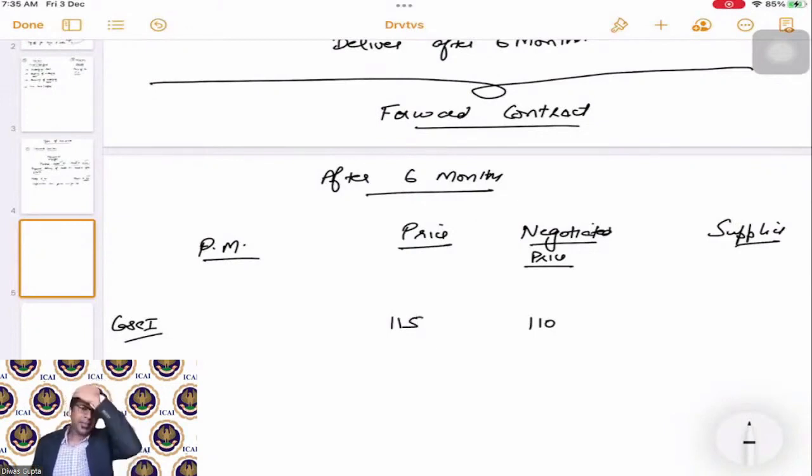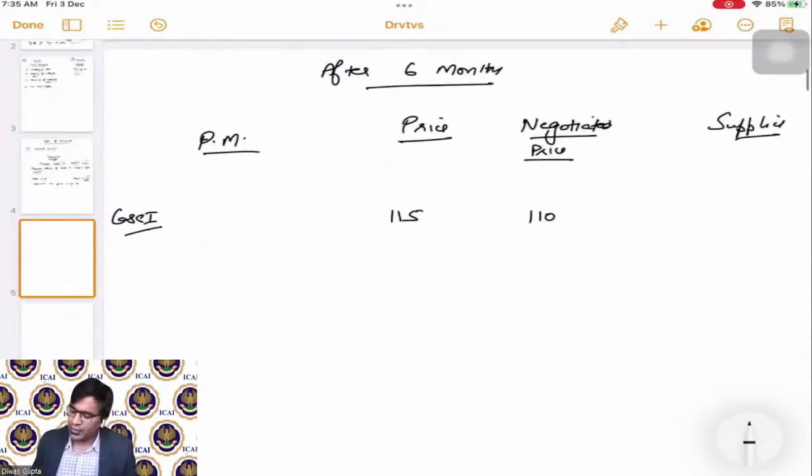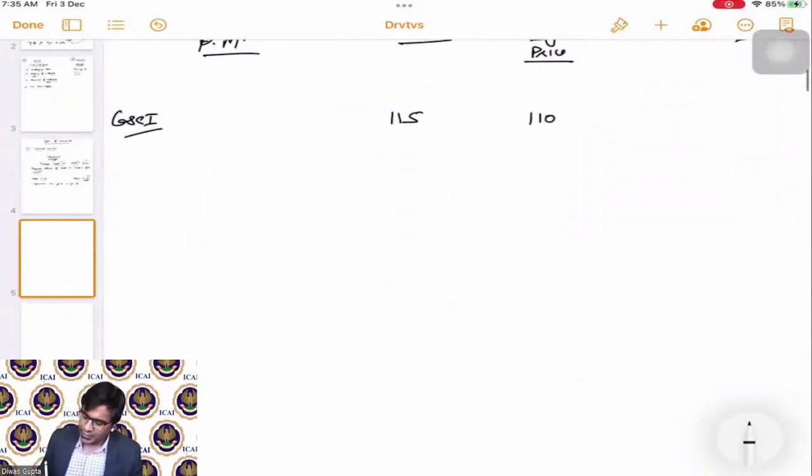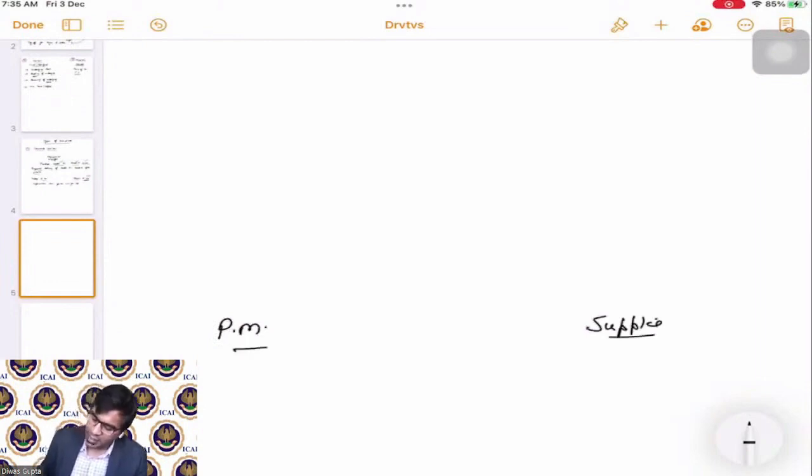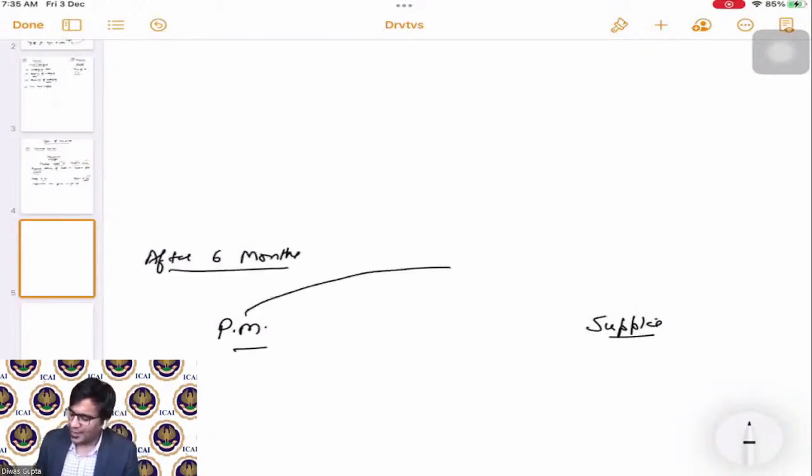So what is going to happen? Before this, let us see what the settlement between both of them would be after 6 months. The procurement manager will pay the supplier 20 liters multiplied by 110, because that is the contracted rate.